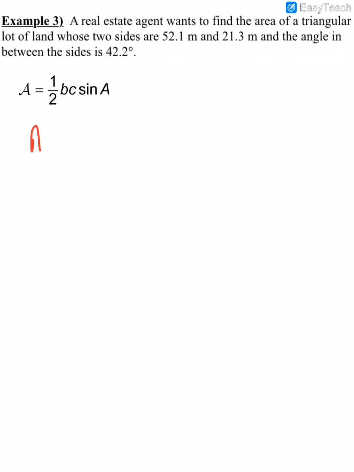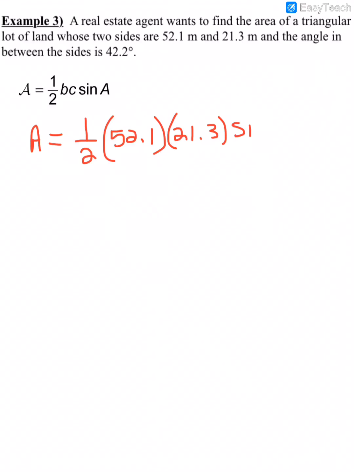Okay, so if we want to plug this into this area formula, we're looking for the area, and that is equal to half of side B times side C times the sine of the angle, which is 42.2. All right, so that can just be plugged directly into our calculator.